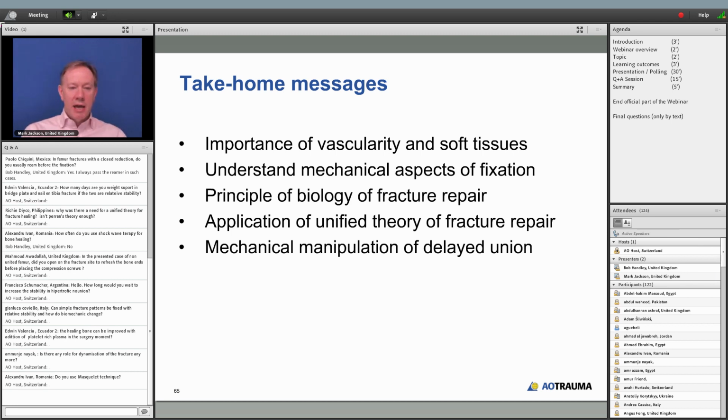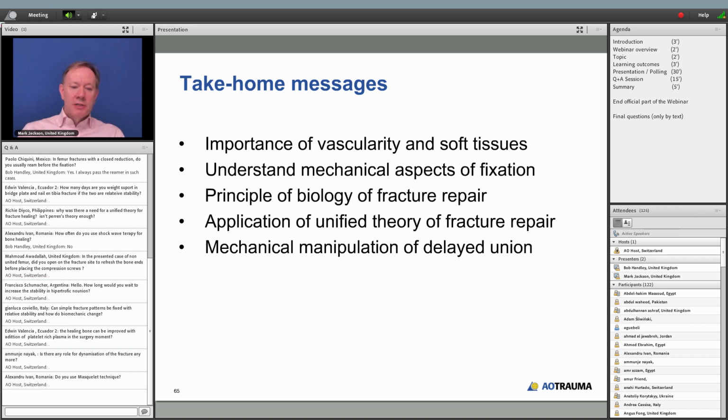So what I want you to take home is the fundamental importance of preserving vascularity around the fracture and reducing the amount of soft tissue stripping, an understanding of the biomechanical principles of how fractures heal and how we can influence that with implants, both initially and then during the fracture process, and apply that via the unified theory of fracture repair, and look at managing our delayed and non-union by mechanical means rather than autologous bone grafting.